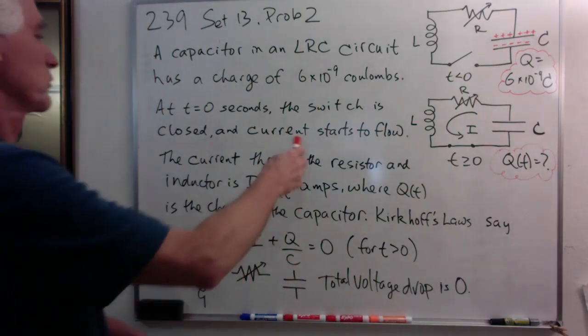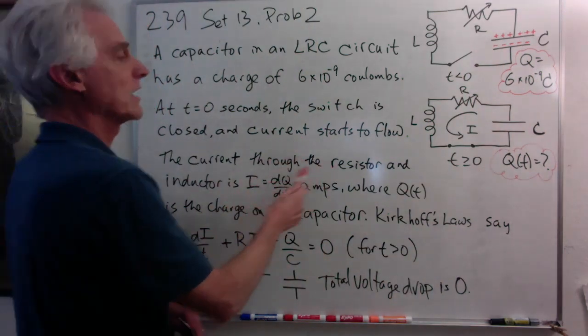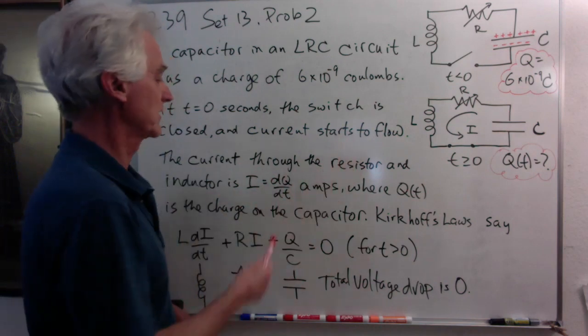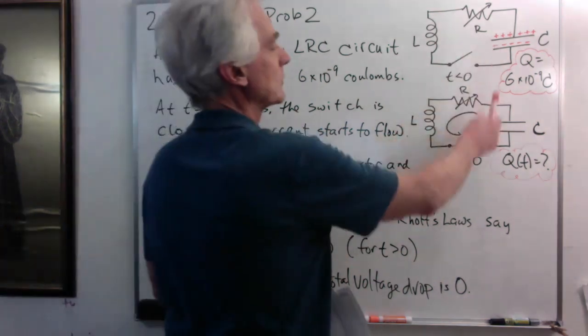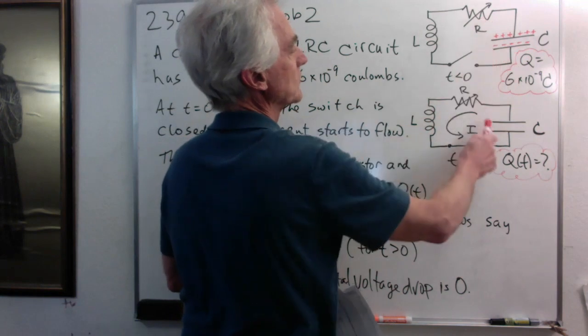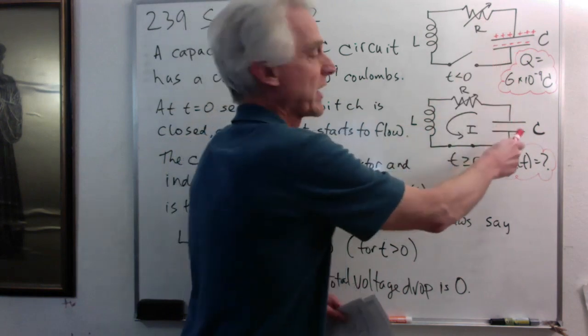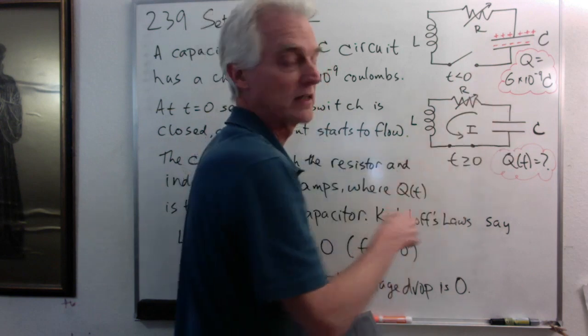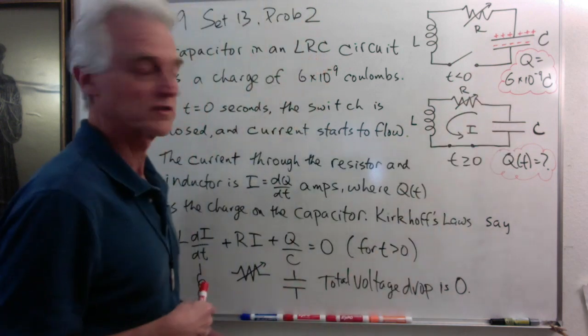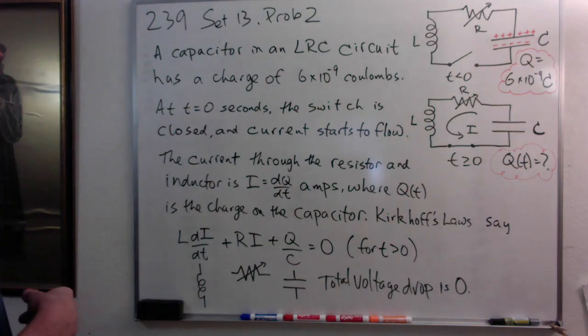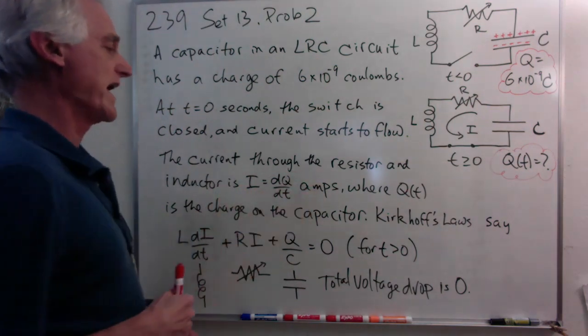The current through the resistor and inductor is I for current, and that's dq/dt. So the rate of change of the charge on the capacitor, when charge leaves the capacitor, it's current flowing around the circuit. And I is measured in amps.